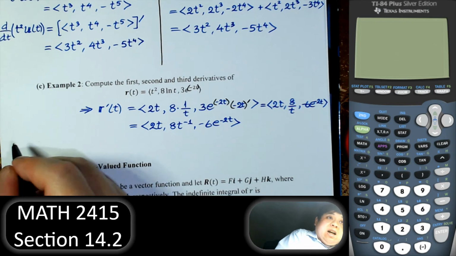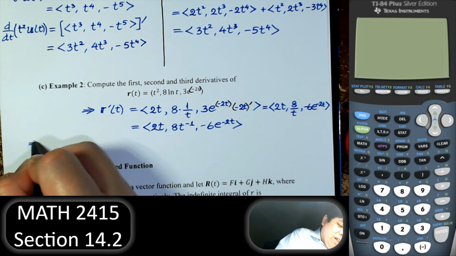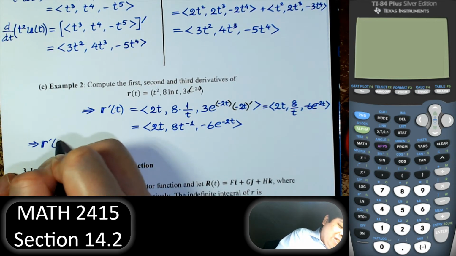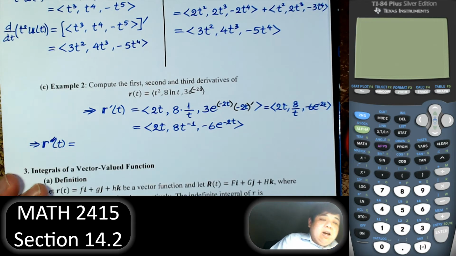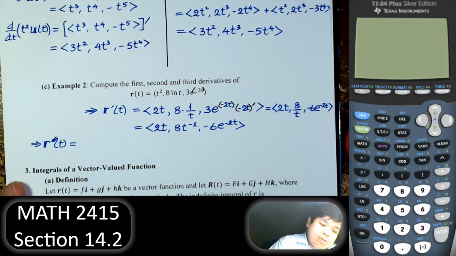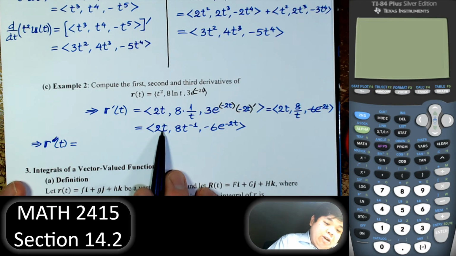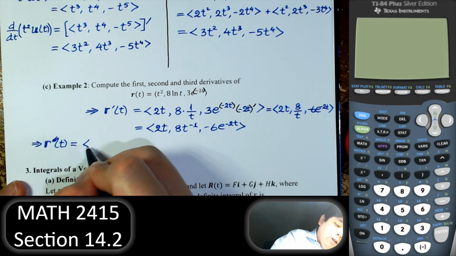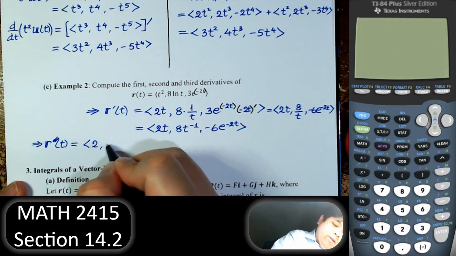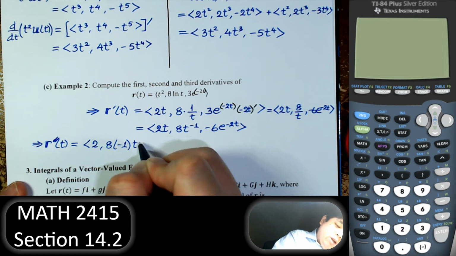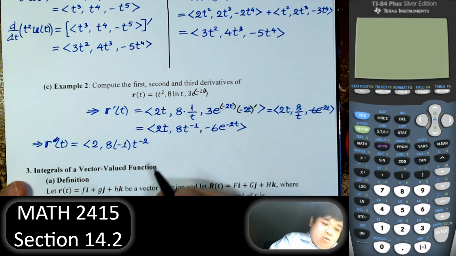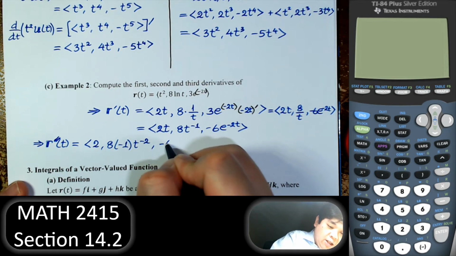Now the second, I better write from here. So second derivative. Derivative of 2t is 2. Derivative of 8 t to the negative 1 is 8 times negative 1 t to the negative 2, just regular power rule, and then negative 6.